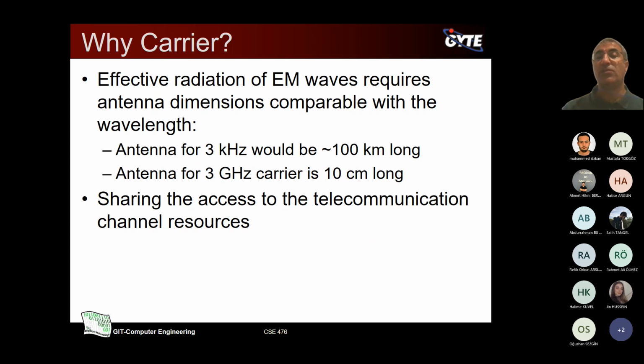If you transmit all these at the baseband level, not using carrier modulation, they will interfere. They will mix with each other. That's why we use carrier modulation to move the information to the appropriate frequency band, because of the reasons that we mentioned.